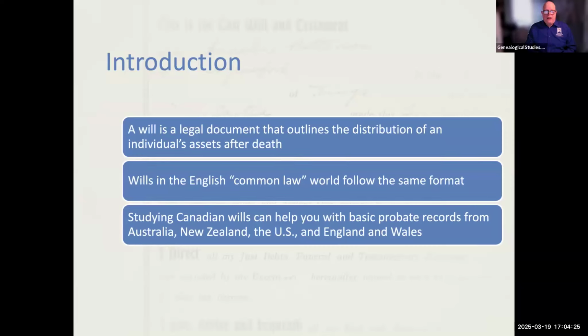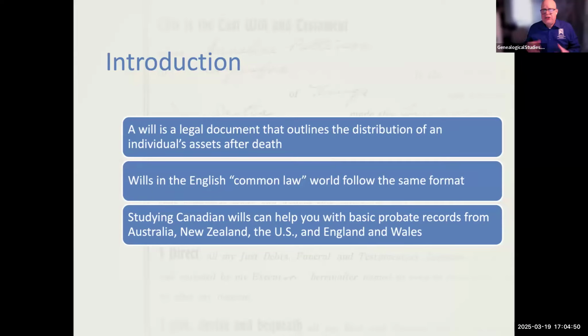So, what's a will? Well, a will is a legal document. It outlines what to do with property after an individual has passed away. One thing about wills in common law, that's the law that we use in English-speaking Canada, the United States, Australia, New Zealand, the whole English-speaking world, the rules are pretty much the same.